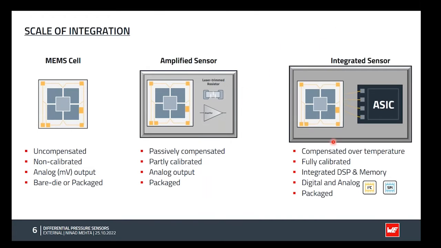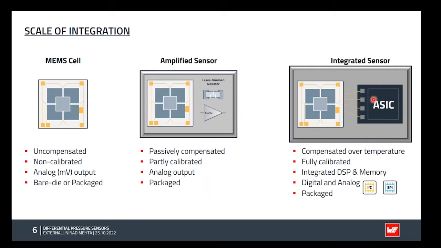And the third one is the integrated sensors. Now we have, for all the calibration and compensation, a dedicated IC on the board, which also has a signal processor and memory. So whenever we get a signal from the MEMS die, it is amplified, digitized with an ADC, and the values are stored in the memory.